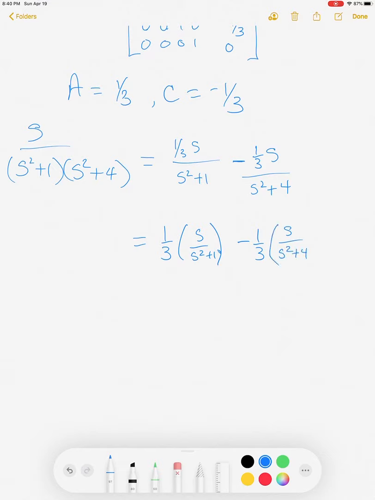I could write it that way. And again, all of this was this capital X of s.